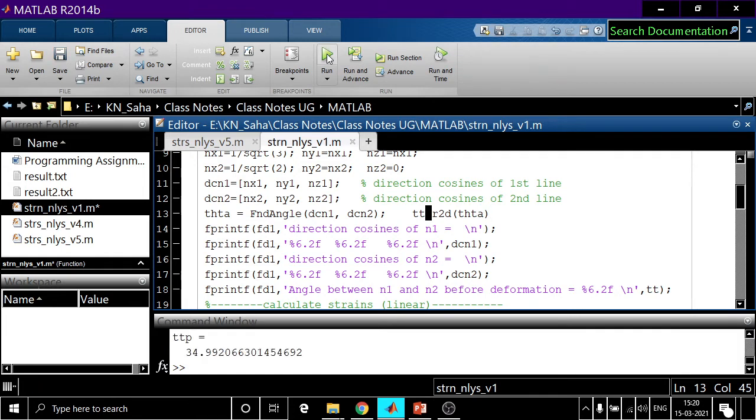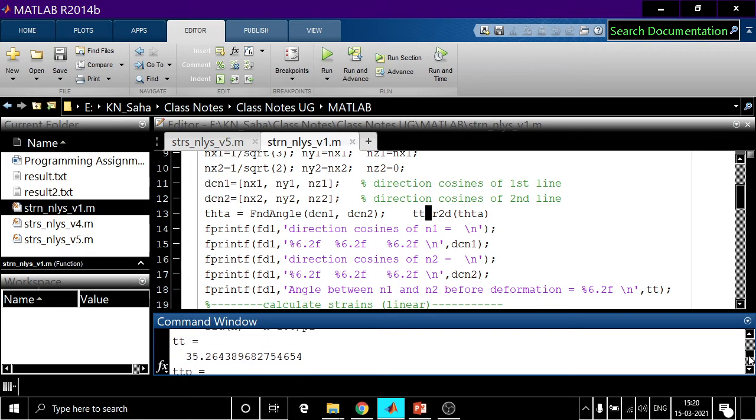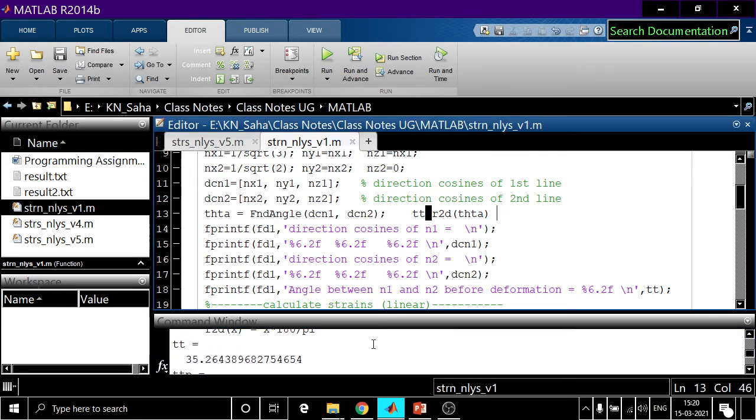Here you see this is the value, 35.264389 whatever the value. You get about 16 digits.